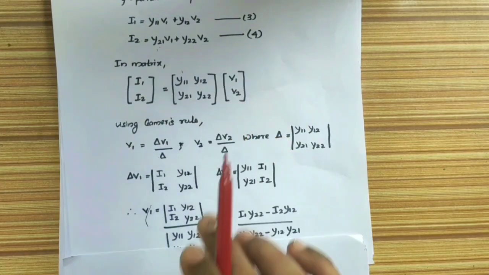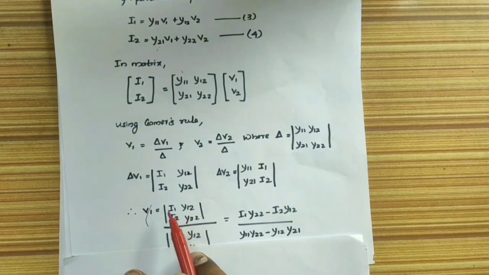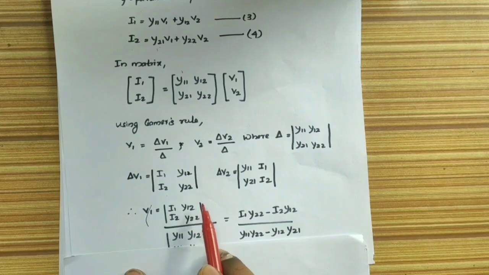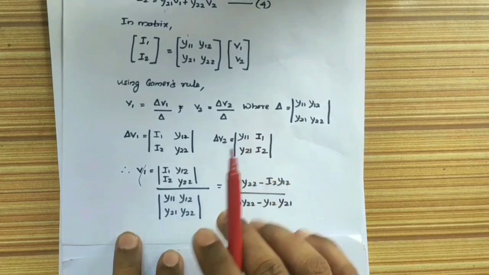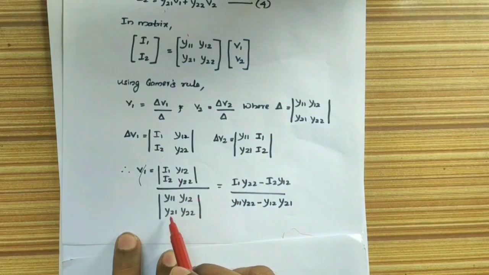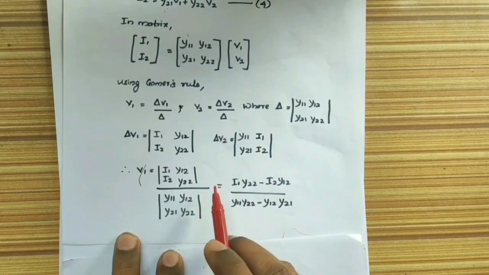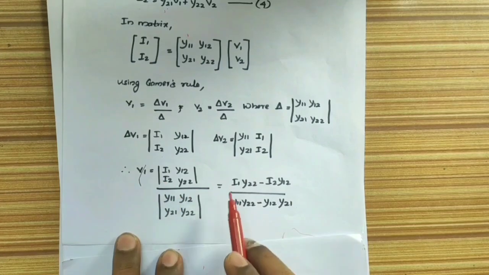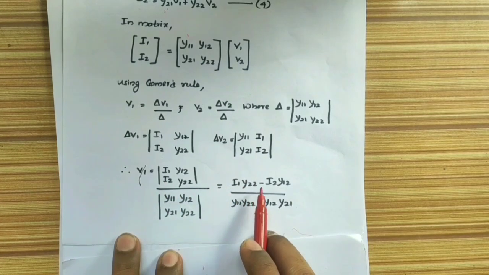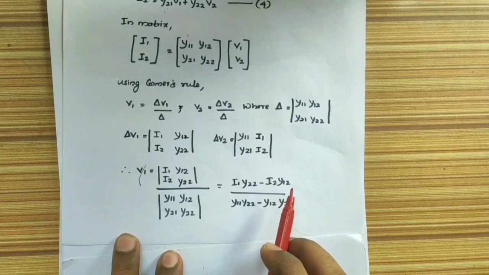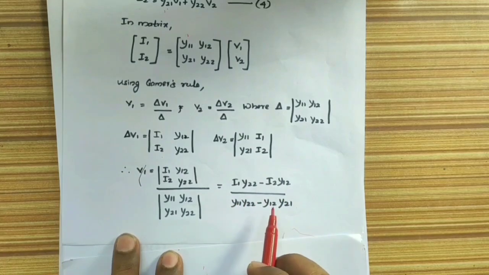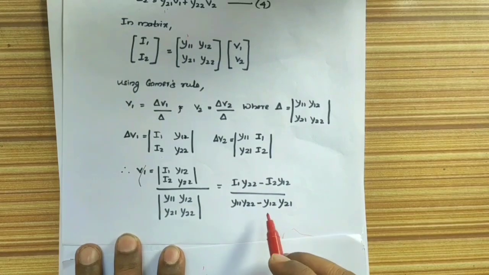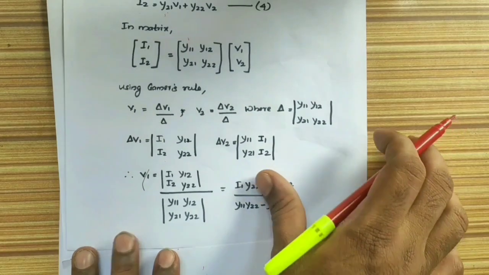Now V1 equal to the determinant with I1 I2, Y12 Y22, divided by the determinant Y11 Y12 Y21 Y22. If I do the multiplication, that is equal to I1 Y22 minus I2 Y12 whole divided by Y11 Y22 minus Y12 Y21.